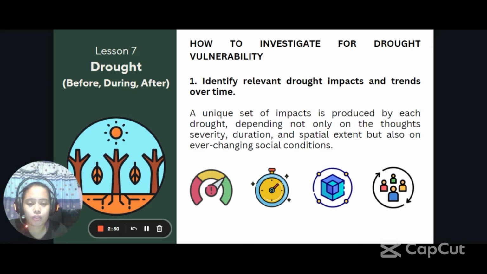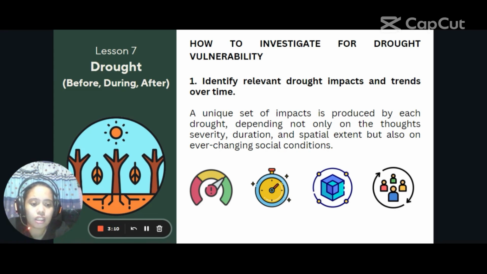So, a unique set of impacts is produced by each drought, depending not only on the drought's severity, duration, and spatial extent, but also on ever-changing social conditions. So, these are frequently signs of other underlying issues that the impacts have caused.